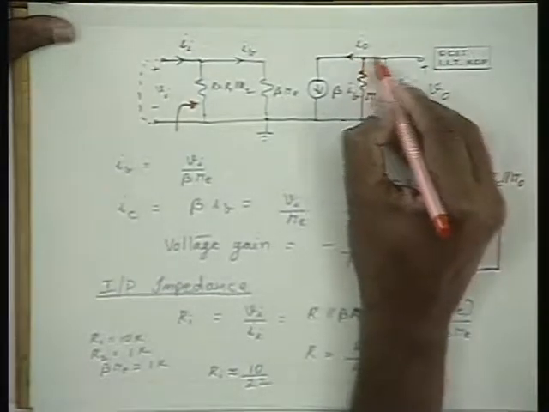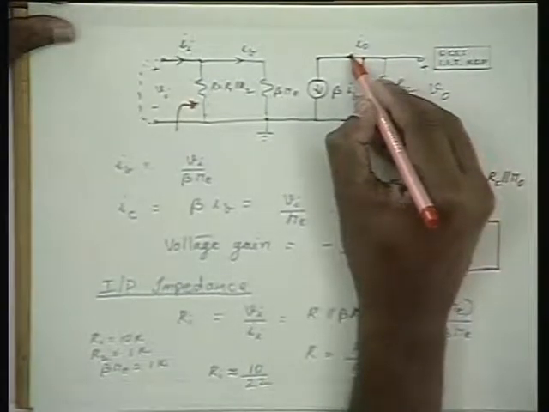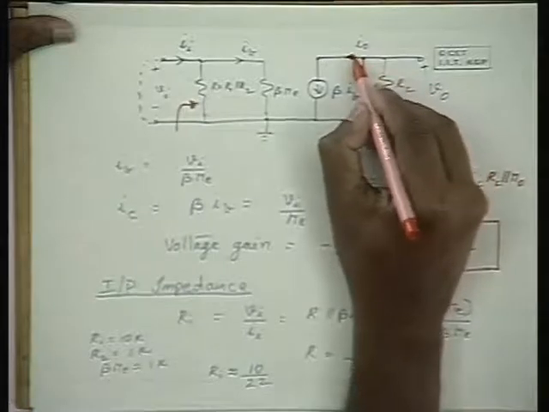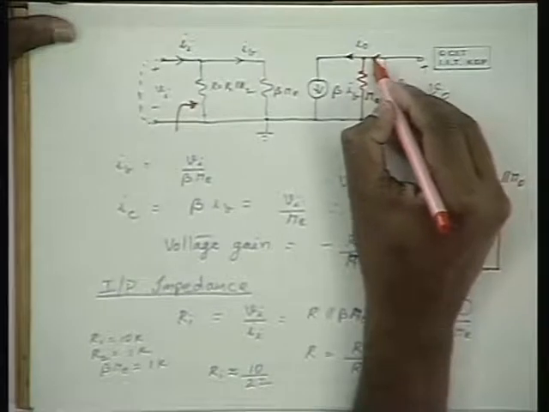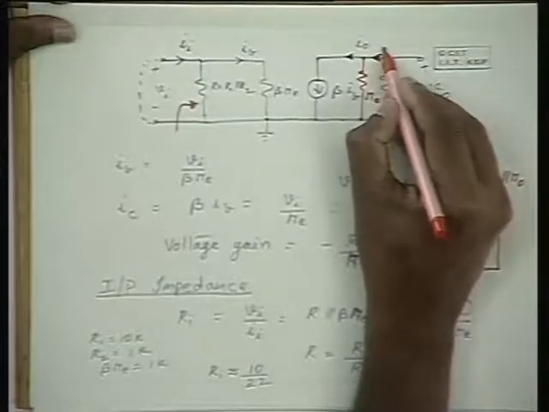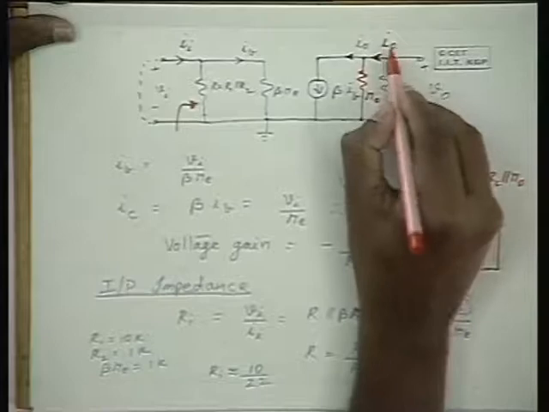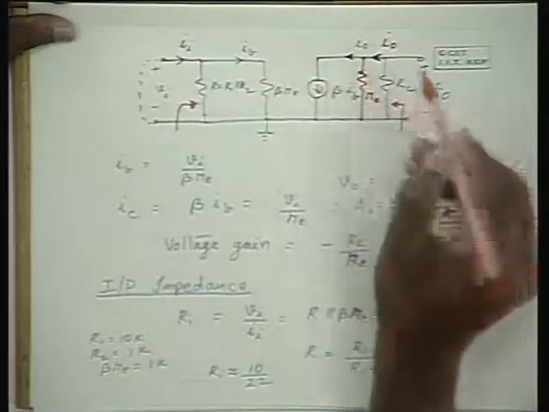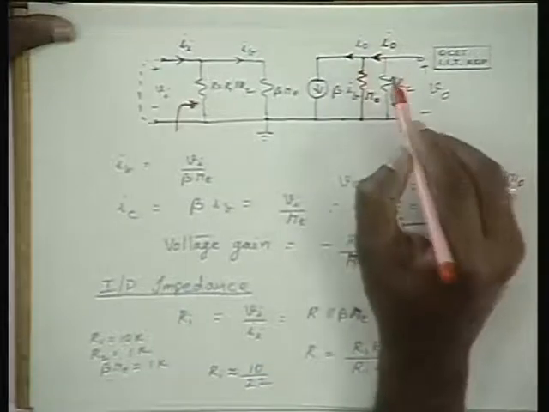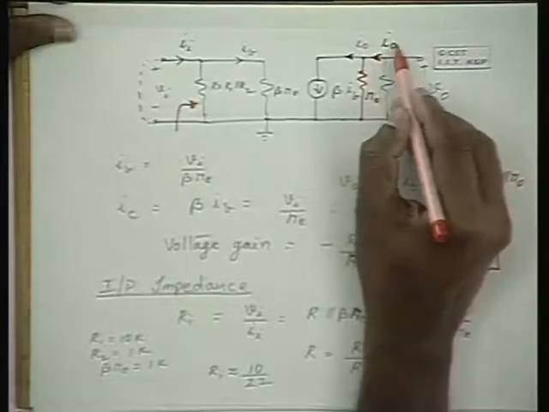Earlier, the current gain's output current was considered to be beta IB itself. Now, the output current is this I0, assuming the ingoing current at this node as the output current.